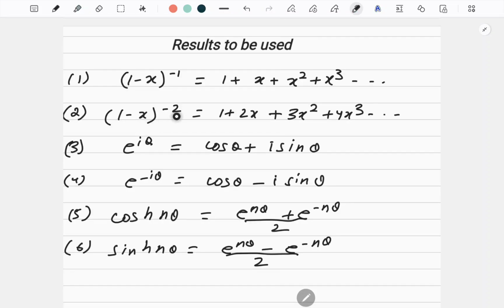Then 1 minus x to the power minus 2 is equal to 1 plus 2x plus 3x square plus 4x cube. Then e to the power i theta is cos theta plus i sin theta. E to the power minus i theta is cos theta minus i sin theta. Cos hyperbolic n theta is e to the power n theta plus e to the power minus n theta upon 2. Sin hyperbolic, this only becomes minus. So these 6 formulas I will be using very often while doing the questions.